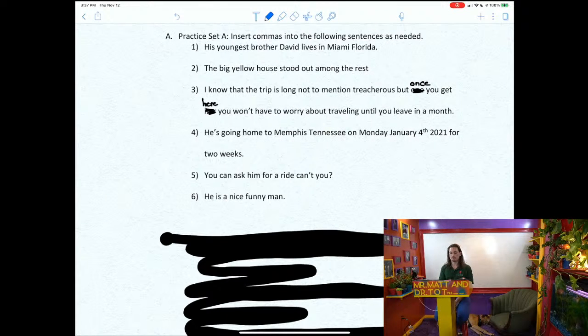If it just said his brother David, then the name David would be essential to the identification of the subject, the individual that is doing the action of living in Miami. But here it's the youngest brother. There's only one youngest brother. Therefore, David is actually non-essential information, and because it's occurring mid-sentence, it should be surrounded by commas.